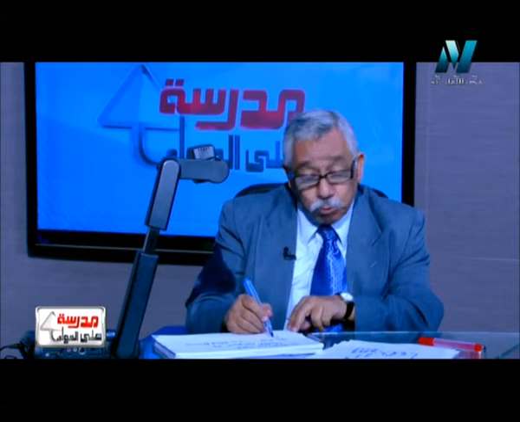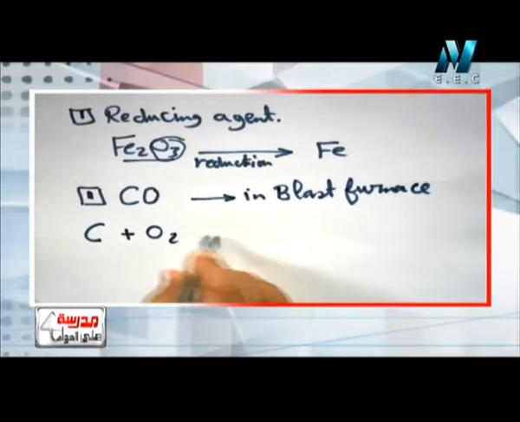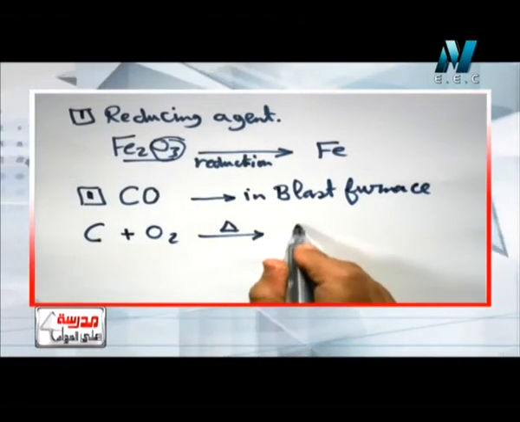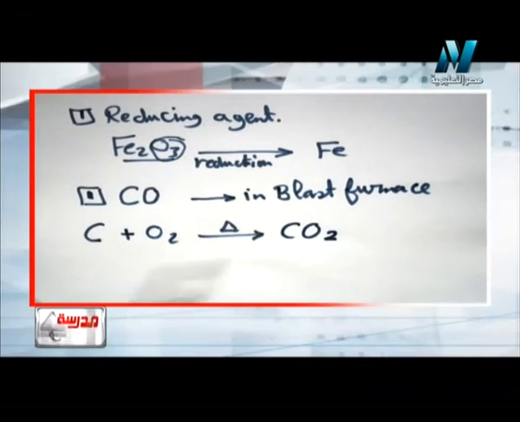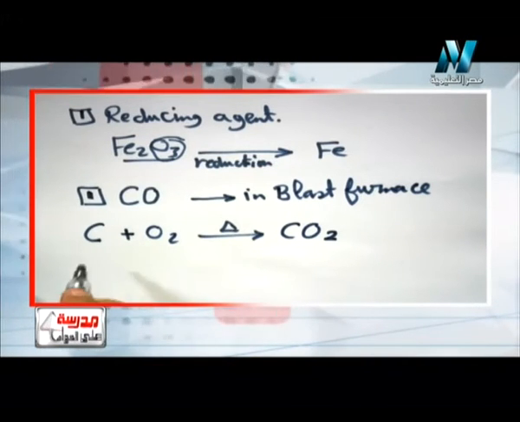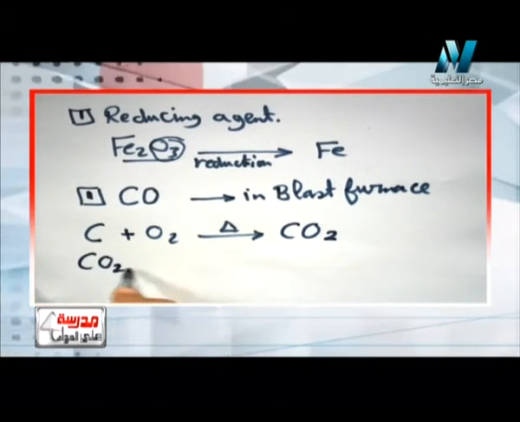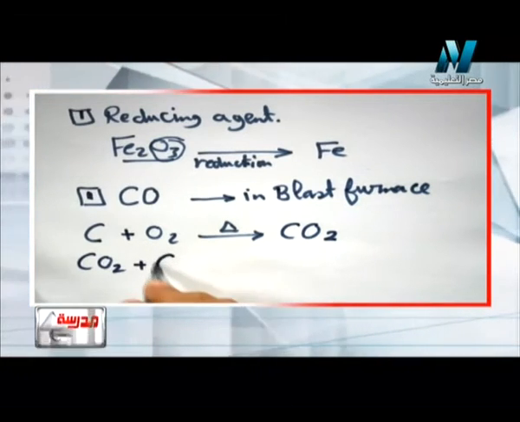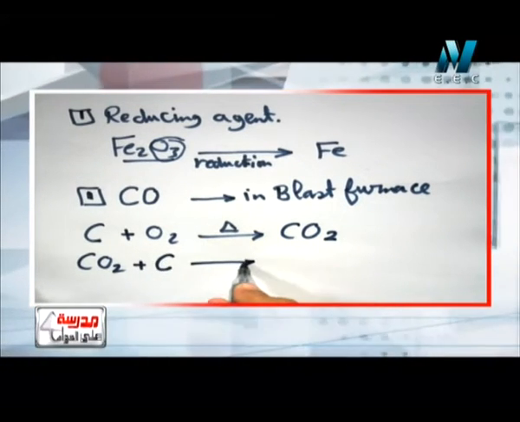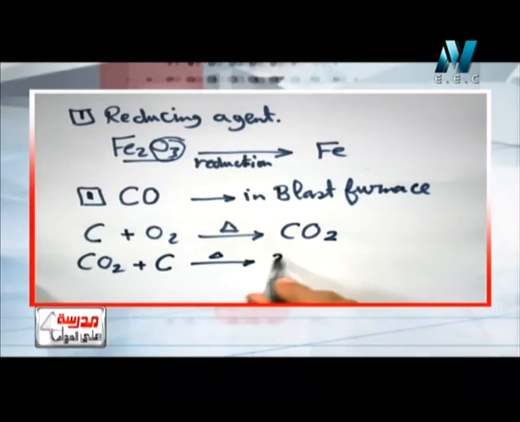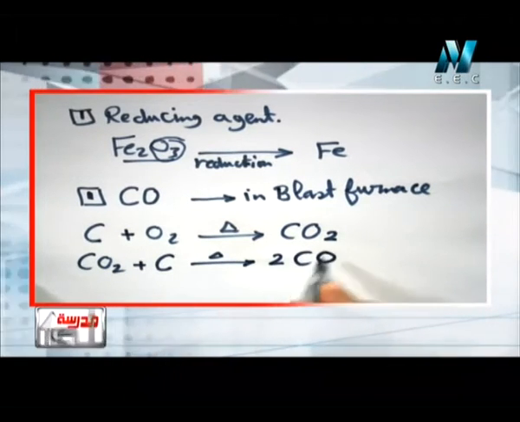How do we get carbon monoxide at first? In the blast furnace, the charge is carbon, ore and limestone. Let's say carbon and ore. Carbon and oxygen by heating give carbon dioxide. Then carbon dioxide reacts with more carbon to form carbon monoxide, which is a reducing agent.